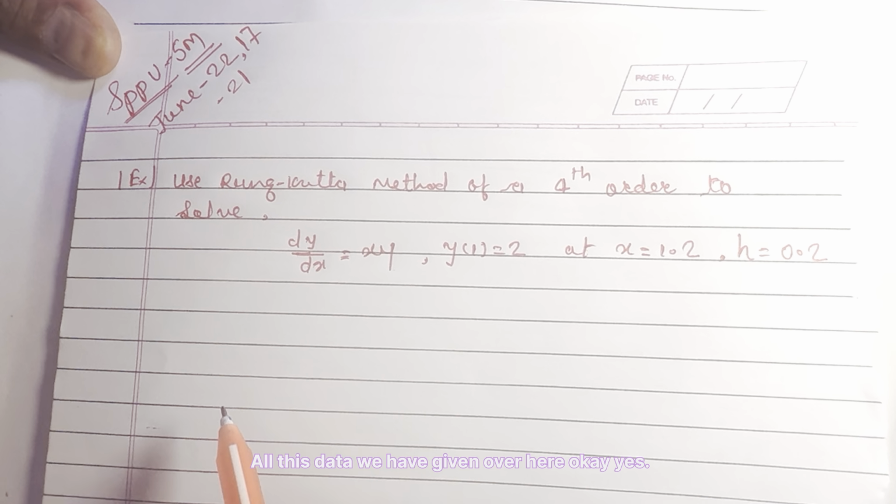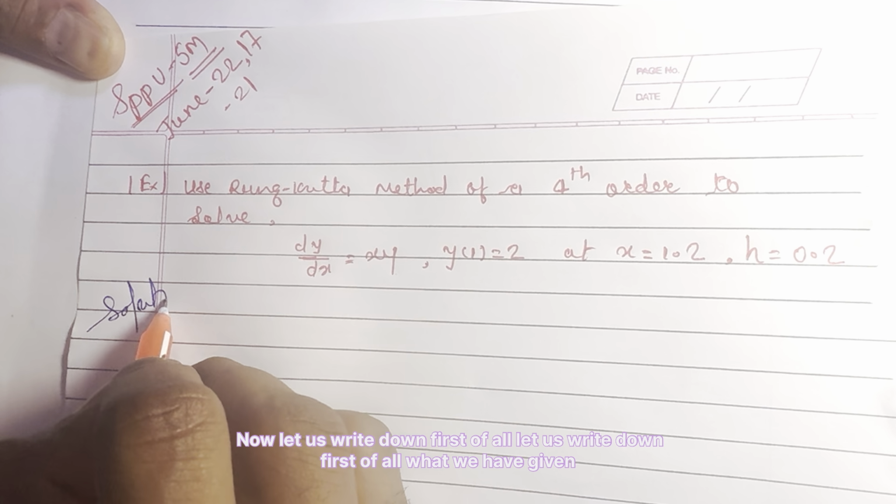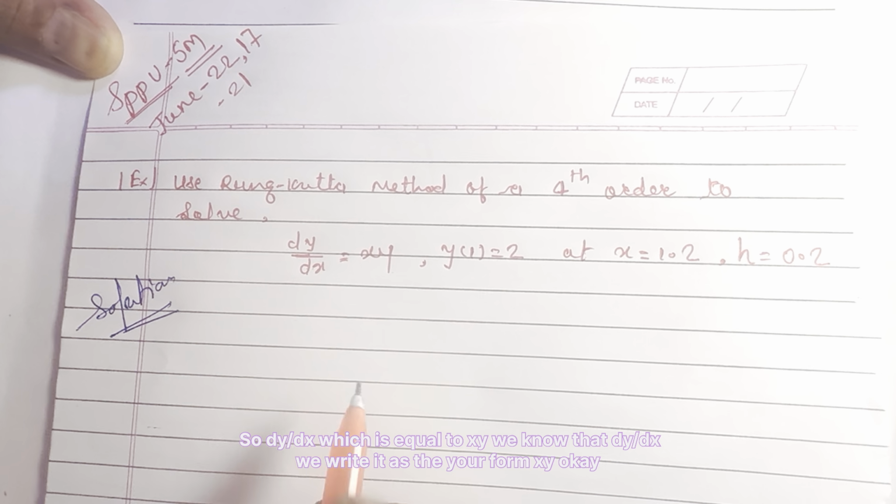Now let's first write down what we have given, inside the solution. dy by dx equal to xy, and we write dy by dx as f of x y. This implies f of x y is equal to xy.